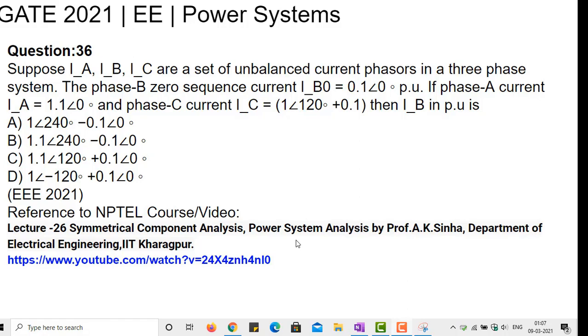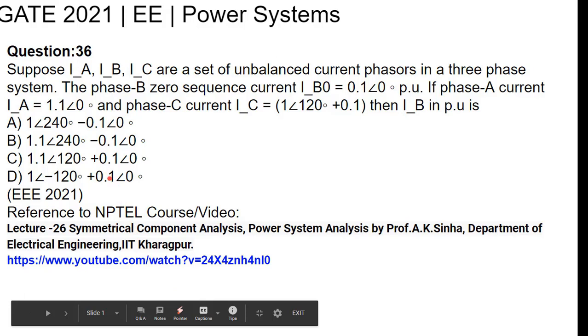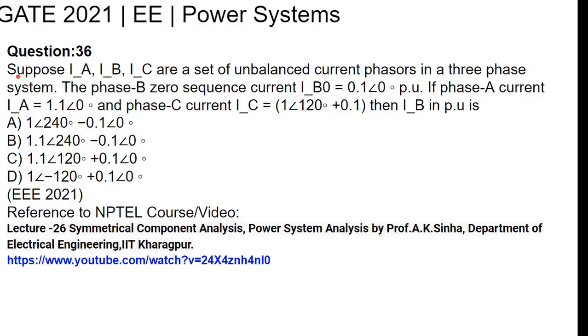All. Now I am going to discuss question number 36 from the GATE 2021 paper Electrical Engineering. The question is, suppose IA, IB, IC are a set of unbalanced current phasors in a three-phase system. The phase B zero sequence current IB0 is equal to 0.1 at an angle 0 degrees per unit.